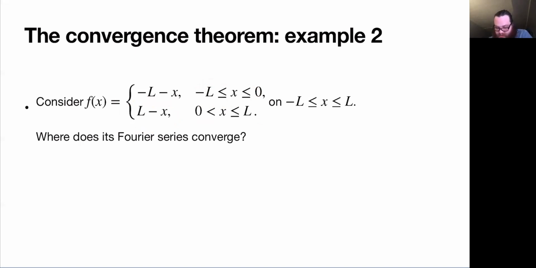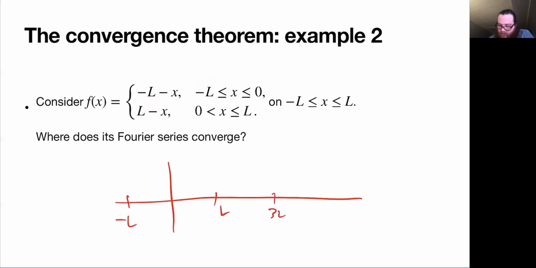So let's sketch this and see what it looks like. So negative L, L, 2L, 3L, etc. So what does the function look like?